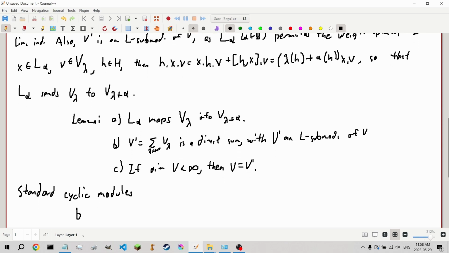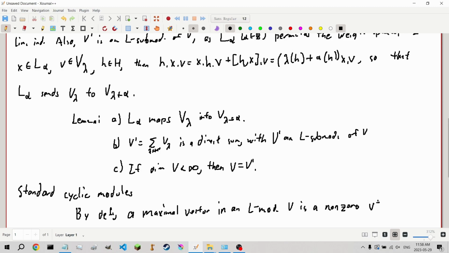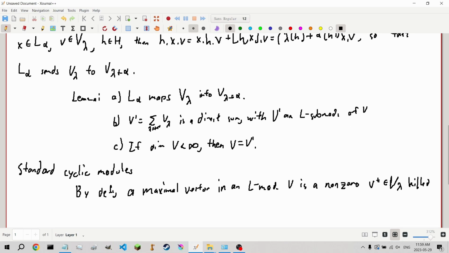So by definition, if you recall, a maximal vector of weight lambda in an L module V is a non-zero vector v plus in V lambda killed by all L alpha for alpha in the base.